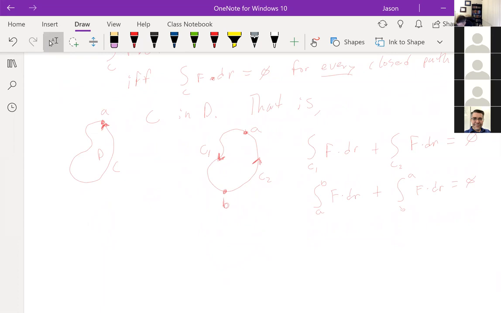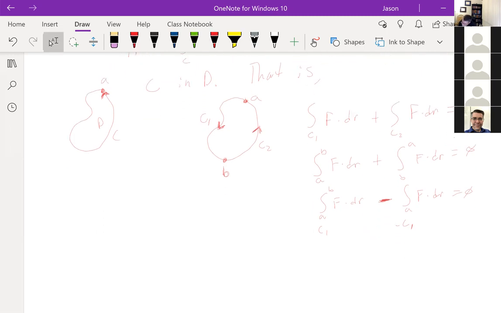If I flip the limits of integration for C2, then I get from A to B of f dot dr, which is the negative of C2. We're going the opposite direction, now from B to A, but we're still going along this closed curve.